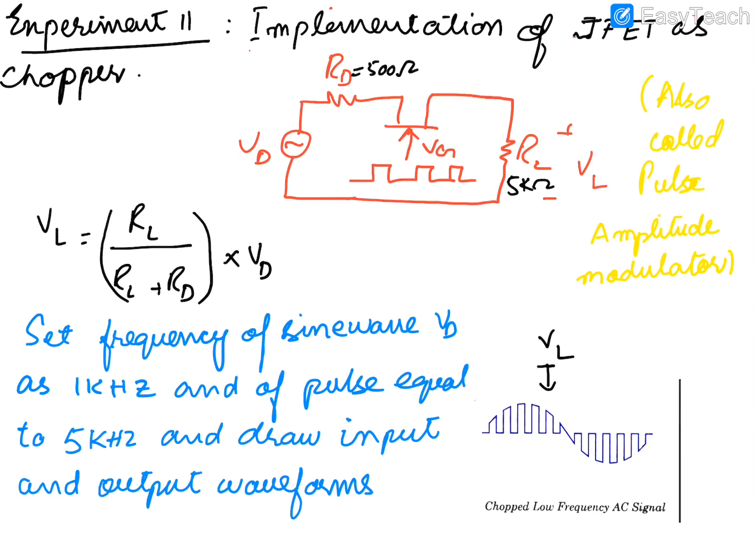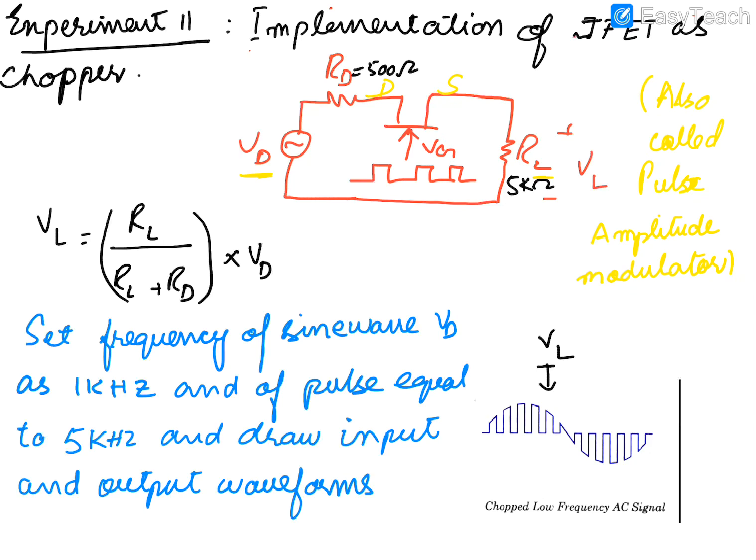In this you will apply a pulse wave at the gate terminal. This is drain and this is source. A sine wave will be applied across the drain terminal. VD is the sine wave, and the output will be measured across the load voltage which is connected with the source resistance.